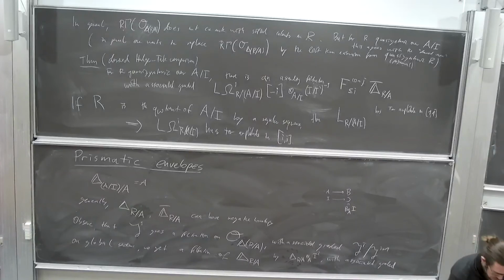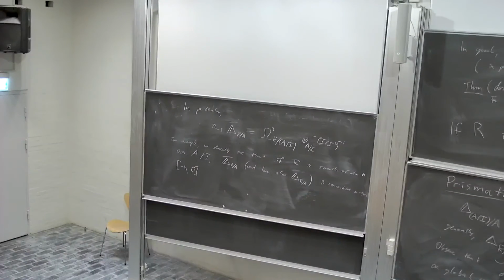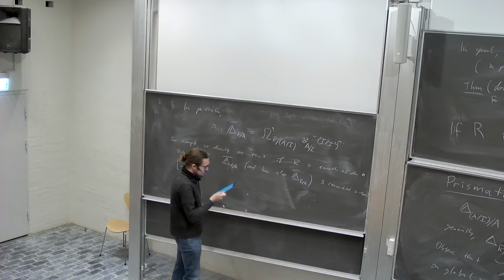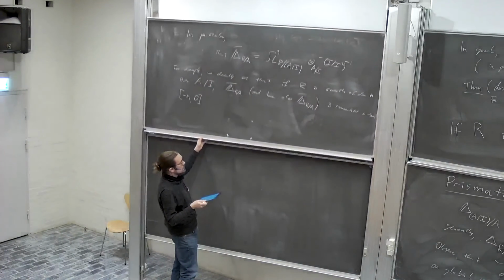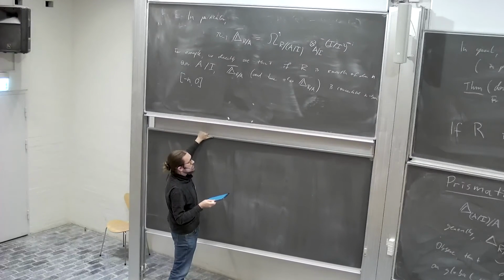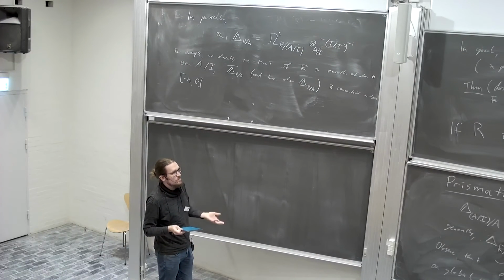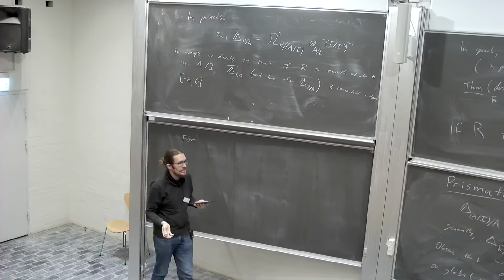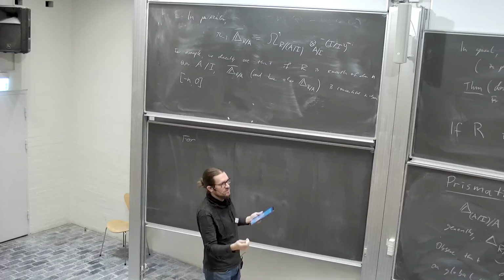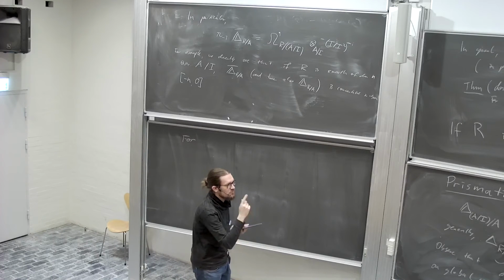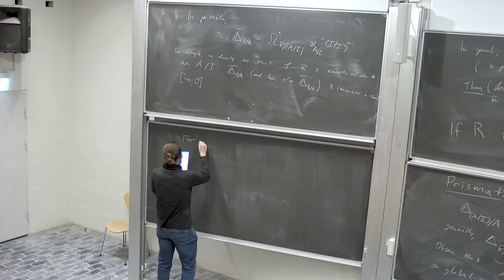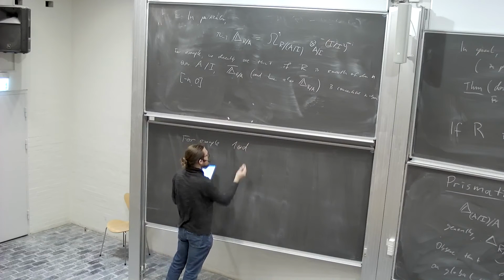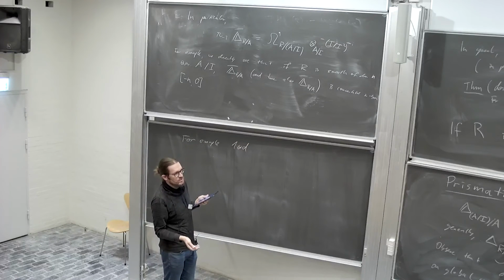So, for example, what's an example for an element that lies in positive Nygaard filtration? Well, remember this is the relative Frobenius. So, for example, 1 tensor D in this Frobenius twist.